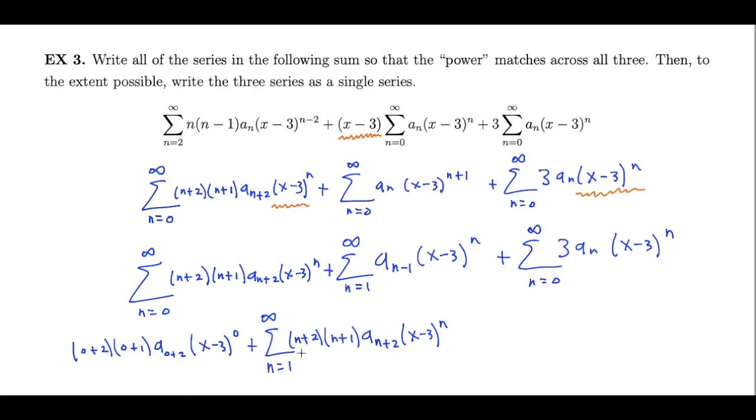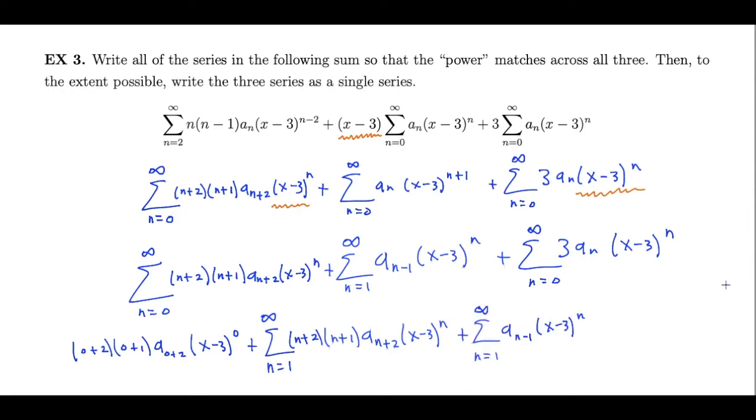Now, as I compare this series expression with this second series expression from the previous line, I can see that not only do the power terms match, but the starting indices match as well. So now these two series are on equal footing in a certain sense.